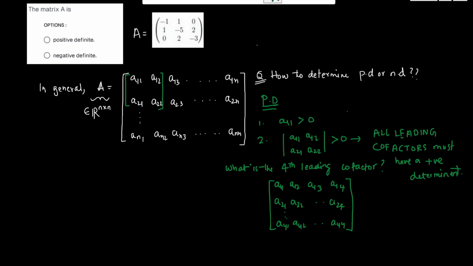And similarly, what is the condition for negative definiteness? In case of a negative definite matrix, the way to identify it is as follows.